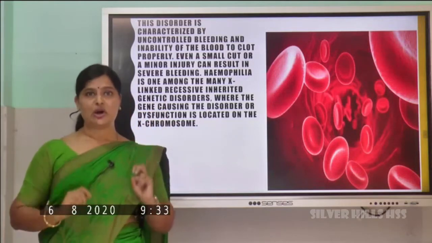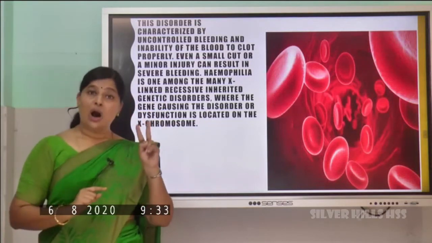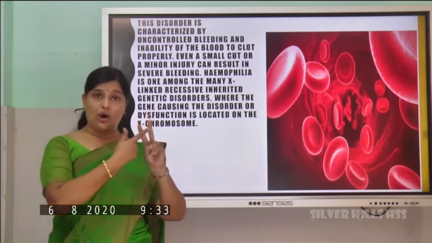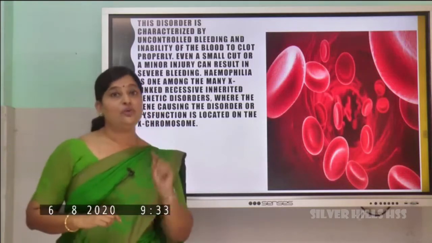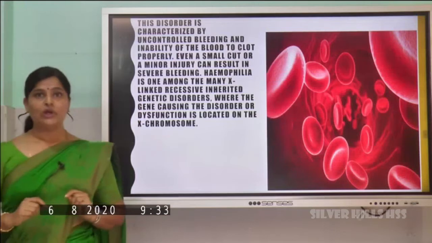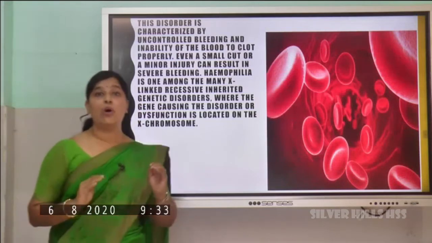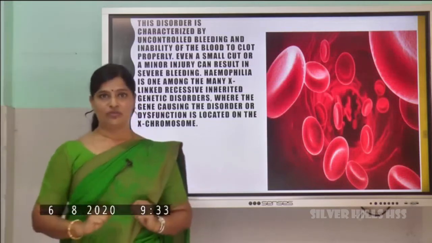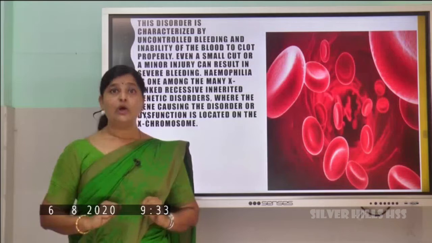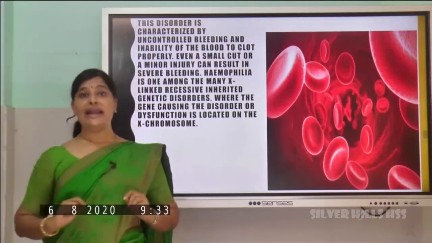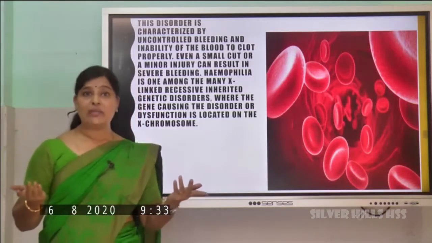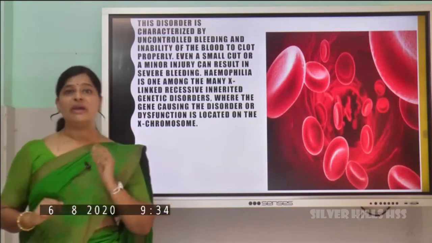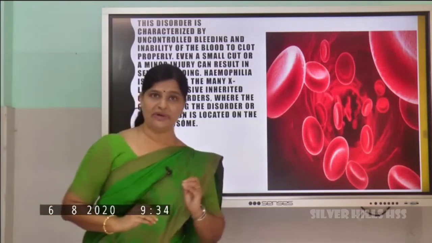So out of the 2 X chromosomes, even if this defective gene is present, it will be in recessive form. So the females will become only carriers of the disease, right? Whereas males have only 1 X chromosome, and if it is defective, they cannot produce that blood clotting factor. So they become the hemophilic person.